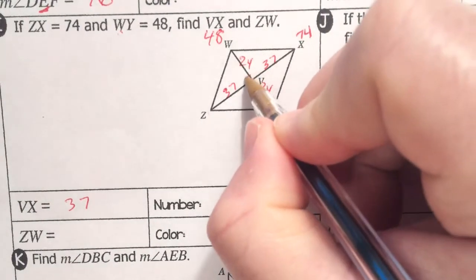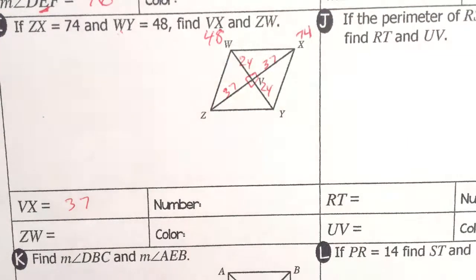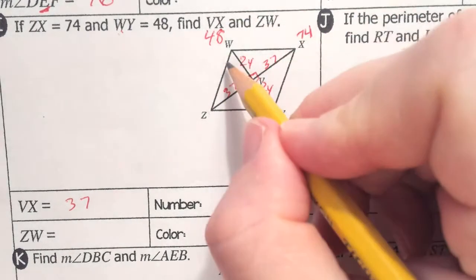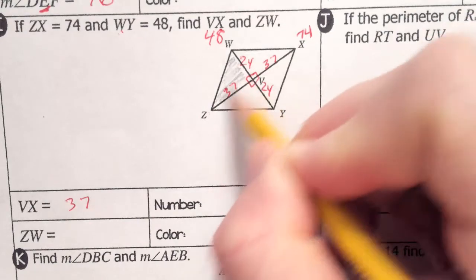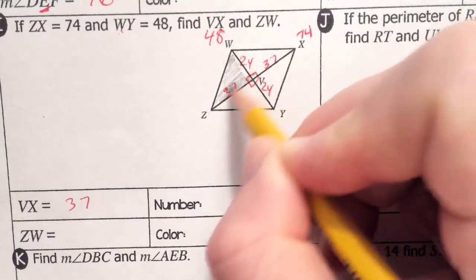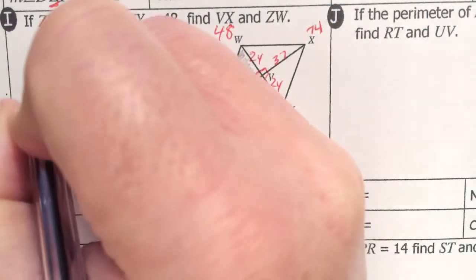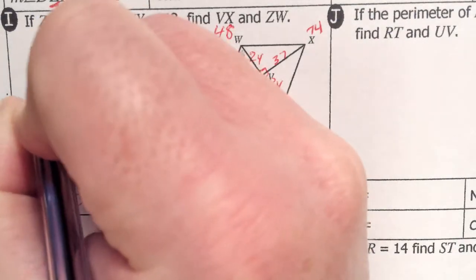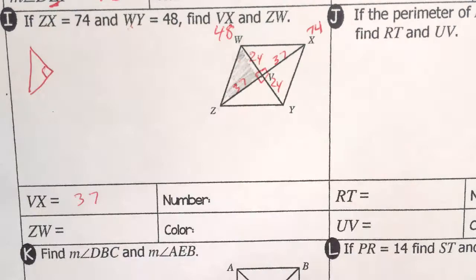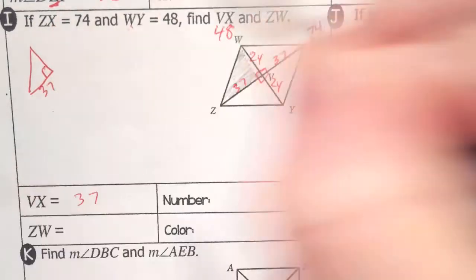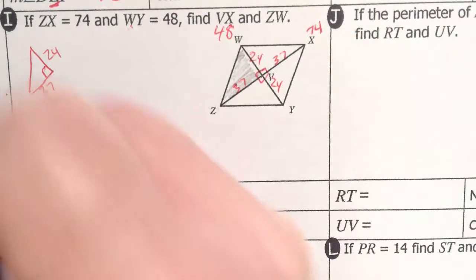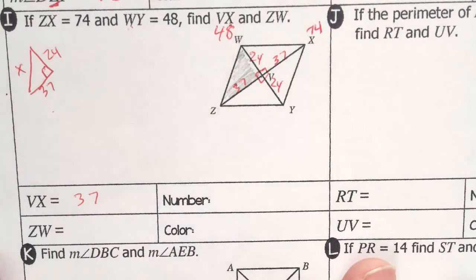So if this is 90 degrees, then I can do the Pythagorean Theorem. Okay, so we're looking at this right here: 90 degrees, where this is 37, this is 24, and this is x.